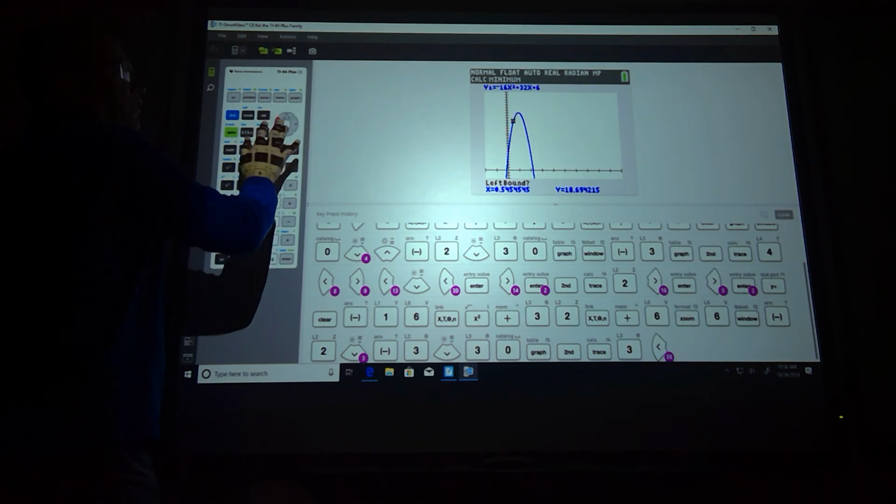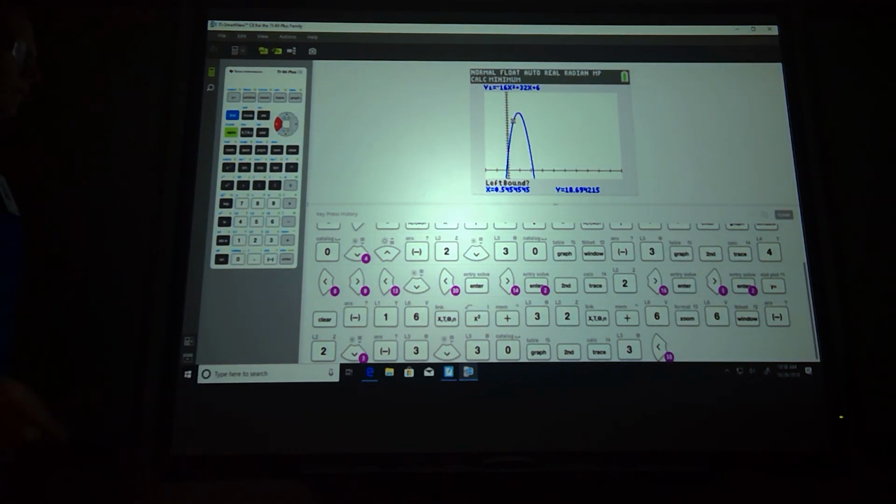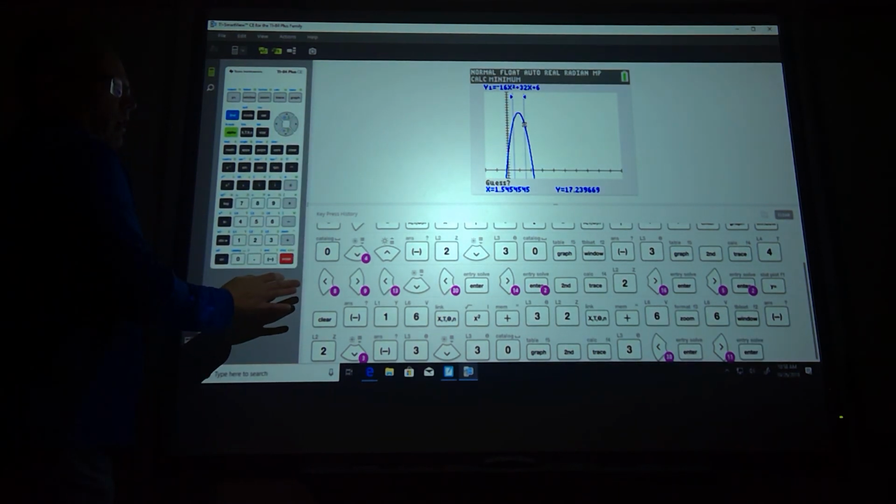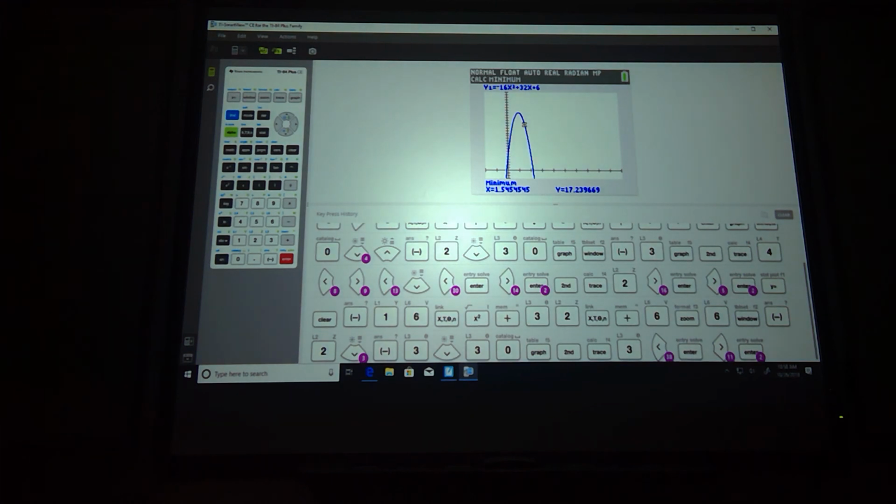Am I on the left side of where that maximum would be? Yeah. Enter. Go to the right side. Am I on the right side of it? Yes. Enter. Hit enter one more time. So 1.55 seconds after that ball was released into the air, it got to a height of 17.24 feet.